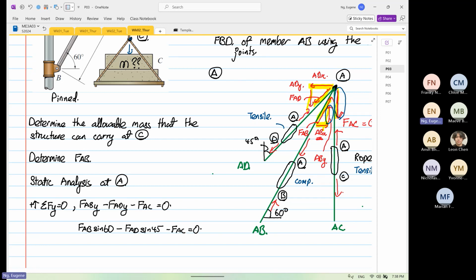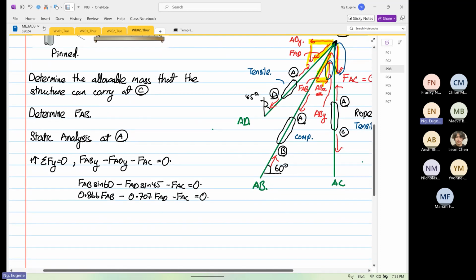Sine 60 is 0.866 FAB, minus 0.707 FAD, minus FAC. The whole thing will be equal to 0.